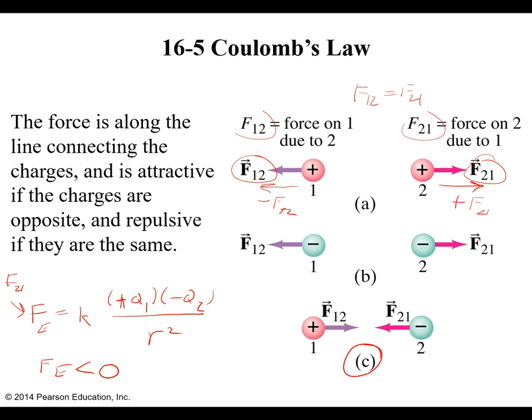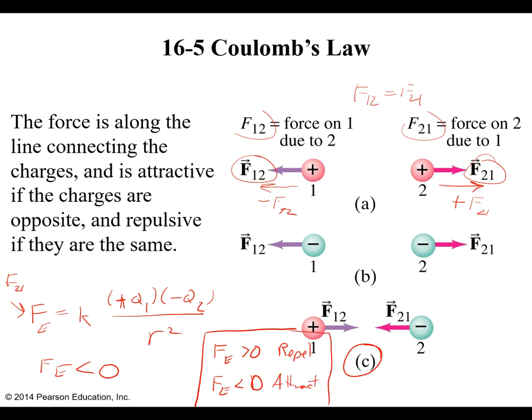Coulomb's law, if you just calculate it and you get positives or negatives, then if you get a positive, that just means that your forces are going to repel. However, if your electric force is negative, then they are going to attract.